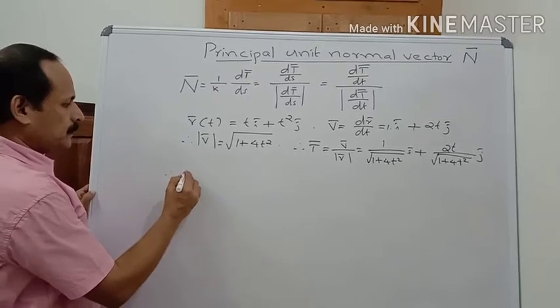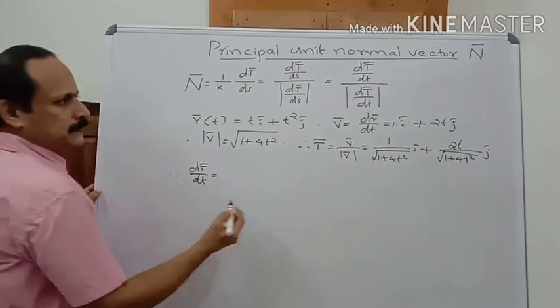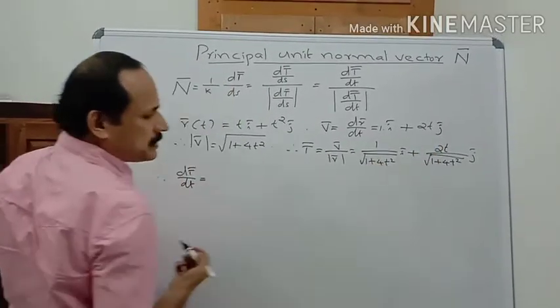Therefore, dt bar by dt is equal to the derivative of each component.